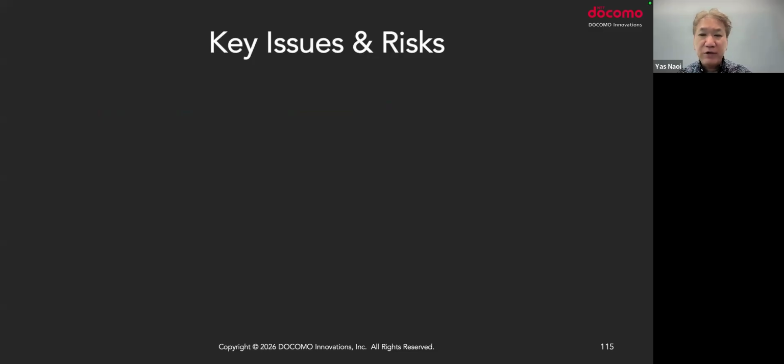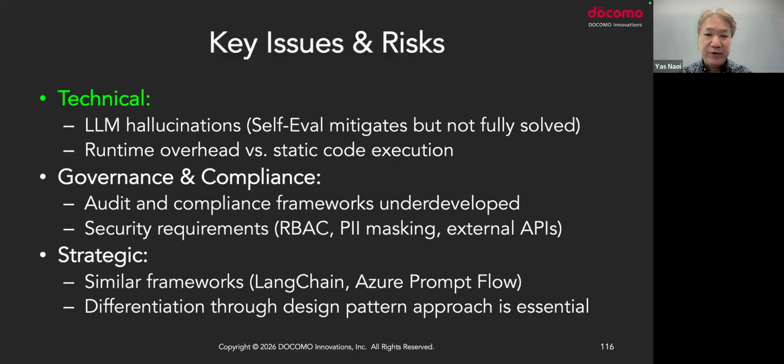Of course, there are still challenges, issues, and risks to address. Technically, LLM hallucination and runtime overhead are concerns. From a governance perspective, audit and compliance frameworks are still underdeveloped, and security requirements such as RBAC and PII masking need reinforcement.